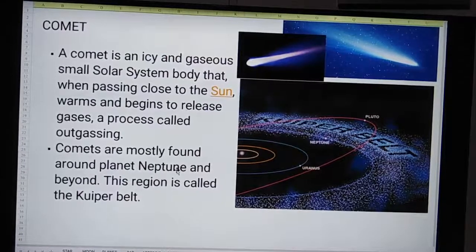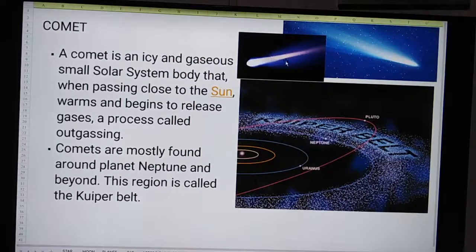So you see the tip, see the image over here, that's the tip with this ball-like shape at the tip. So why is this one so white? Because these ones fall in a different region. They are not closer to the asteroid belt. They are in a region beyond Neptune, the eighth planet, and that region was discovered by a man called Kuiper. So it was named the Kuiper belt.